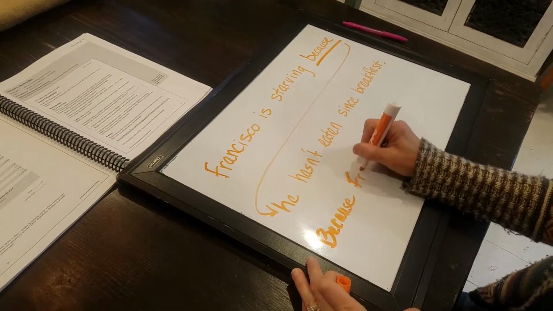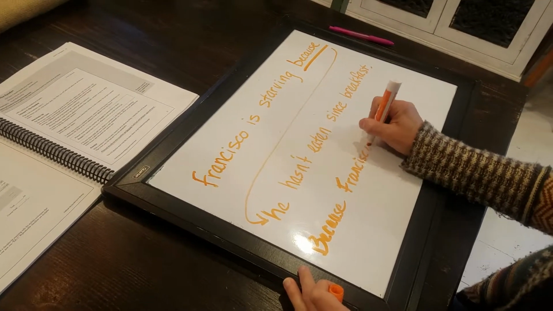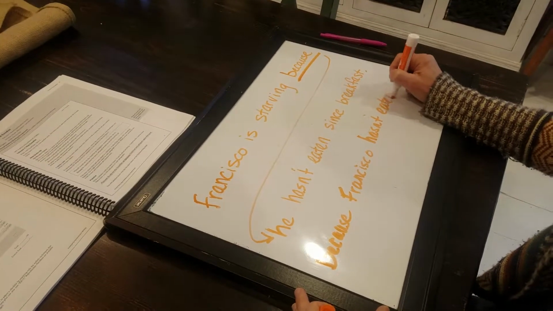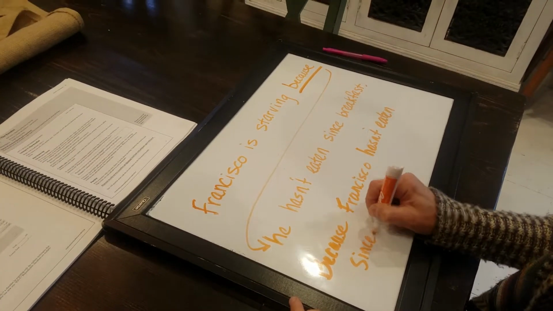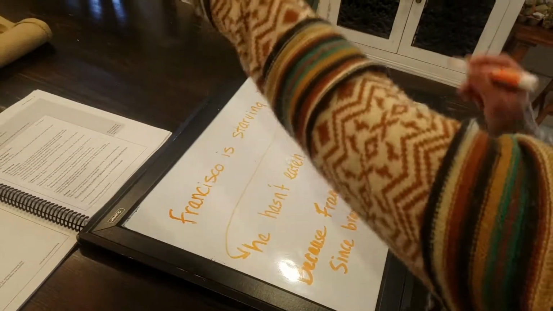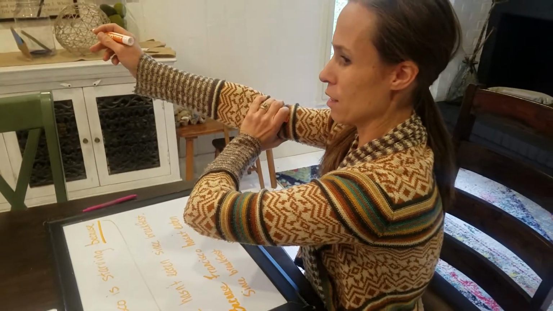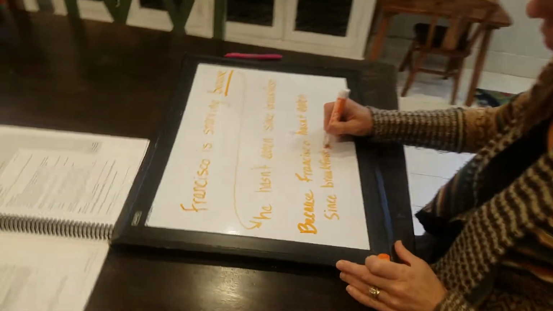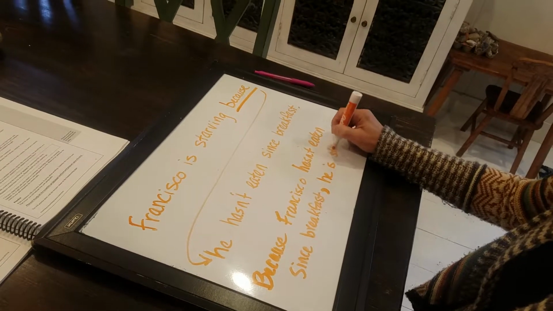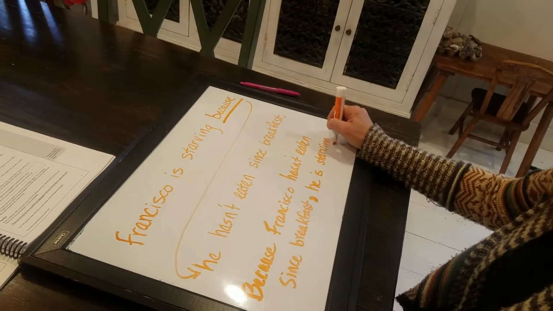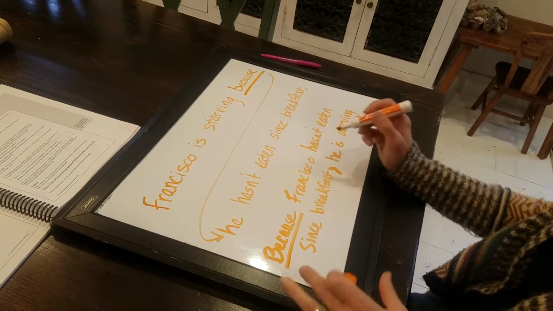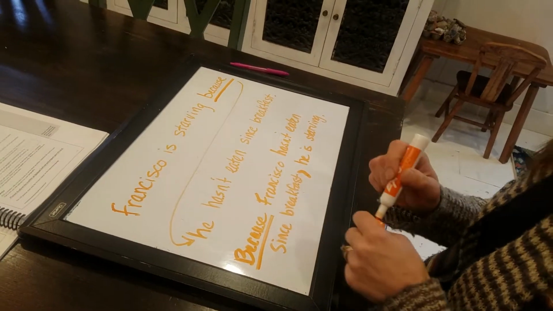Because Francisco hasn't eaten since breakfast, since we're starting with the dependent clause, that's when you need the comma. He is starving. So you'd underline your because, and you have to have a comma if you start it out. Otherwise, you don't need the comma.